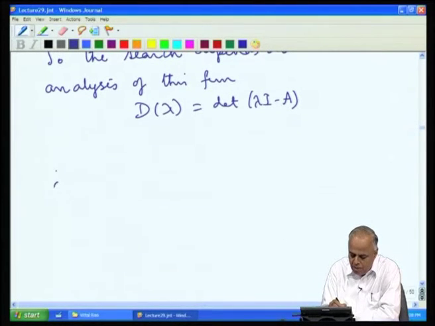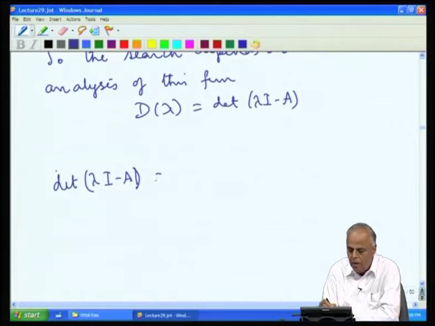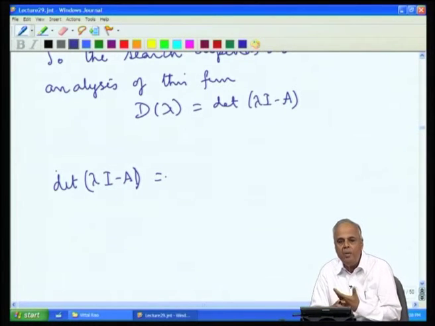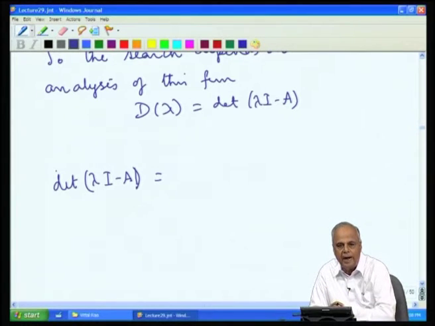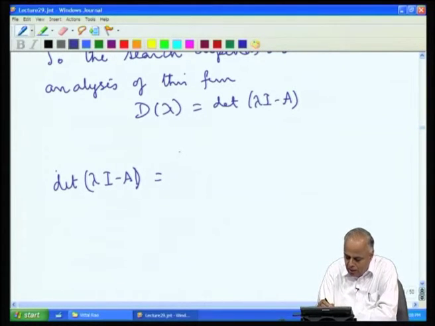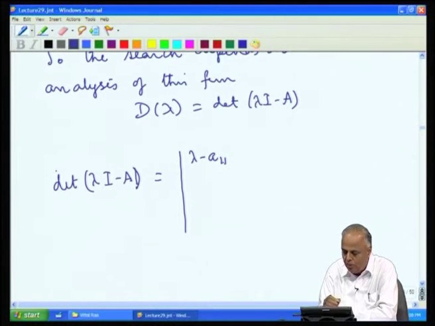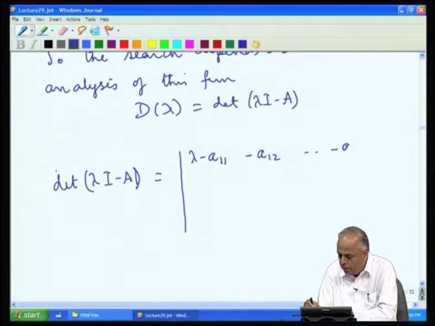So, now determinant of lambda I minus A looks like this. The lambda I is only the identity matrix with the lambda stuck along the diagonals. So, it is a diagonal matrix with the lambda stuck along the diagonals, and from that we have to subtract the matrix A. So, we get the determinant as lambda minus a 1 1, minus a 1 2, up to minus a 1 n.